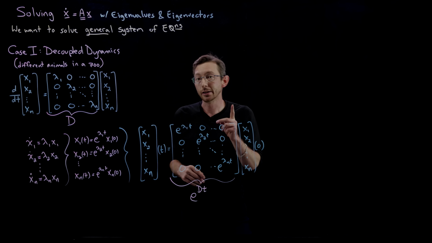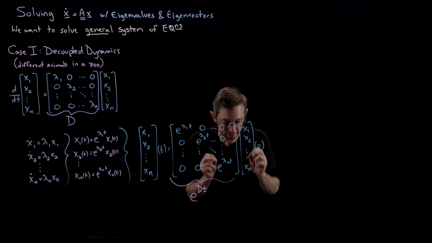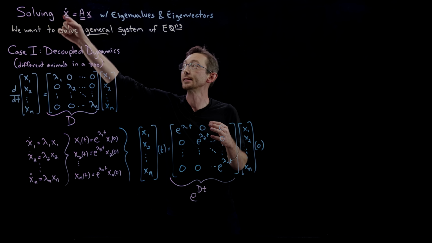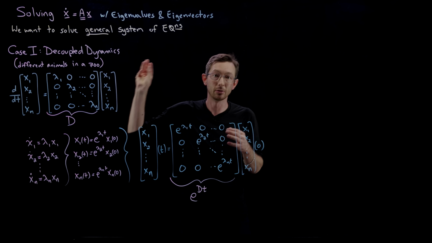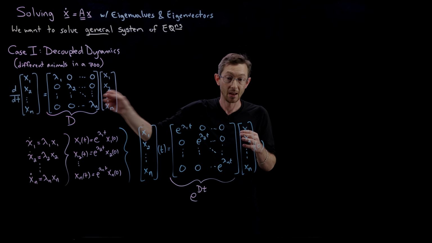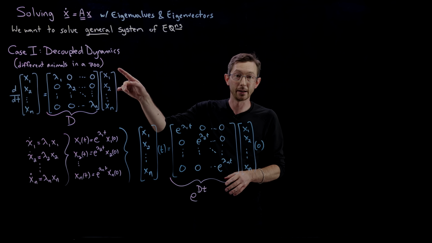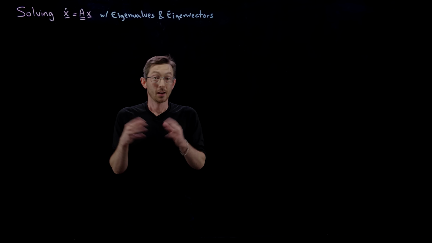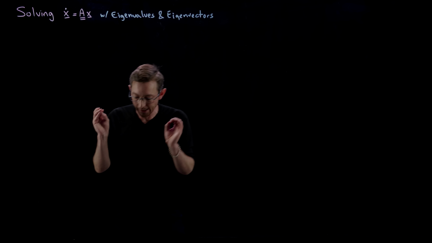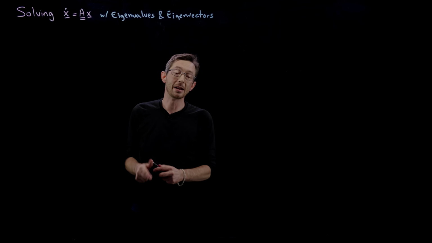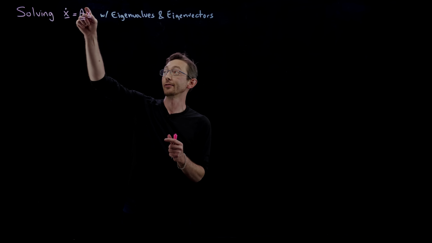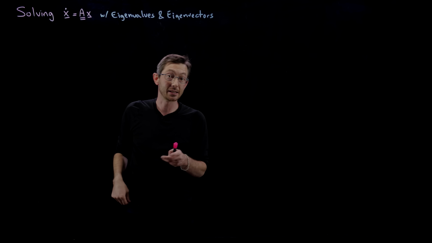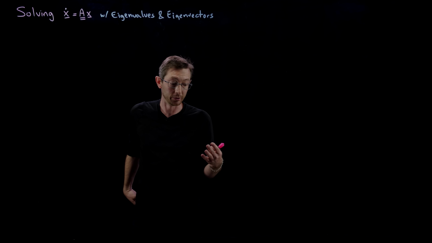What we're going to try to do is find a coordinate transformation that turns this system into a diagonal decoupled system. I'm going to erase this and then write that out. Okay, so we now know that it's easy to solve these matrix systems of equations if the matrix A, relating all of my derivatives to all of my states, is diagonal and decoupled.